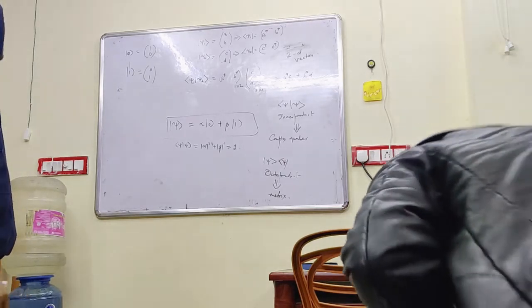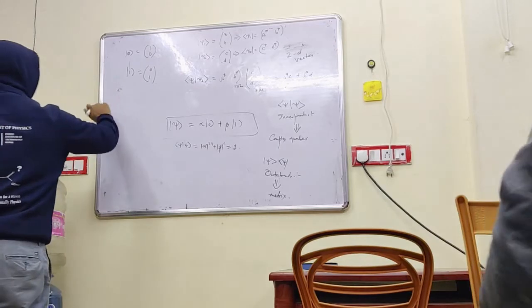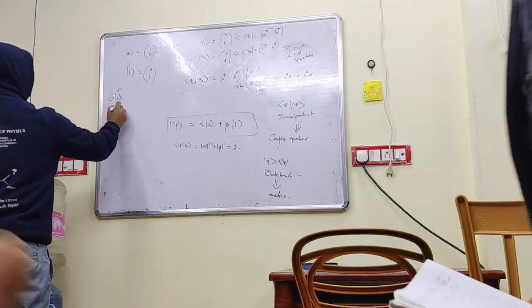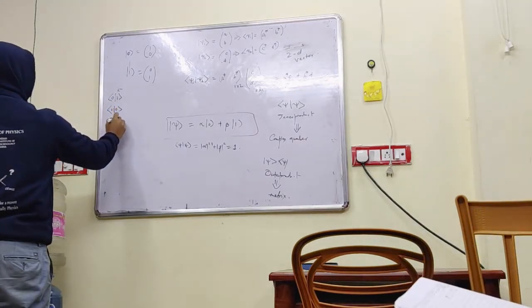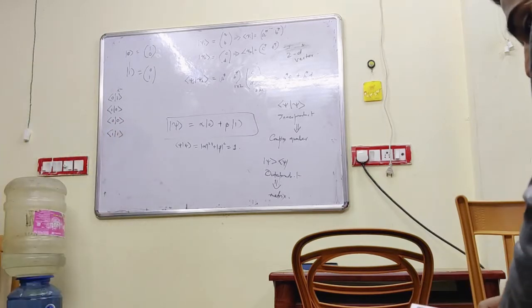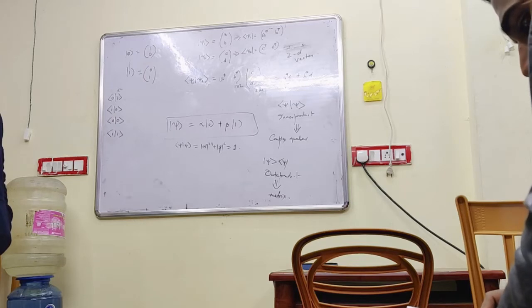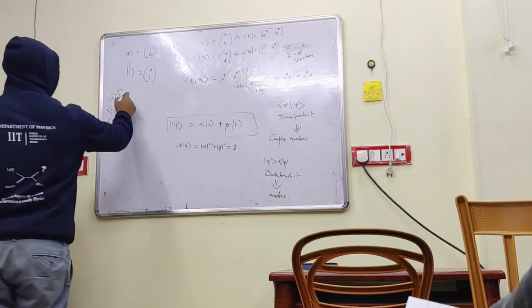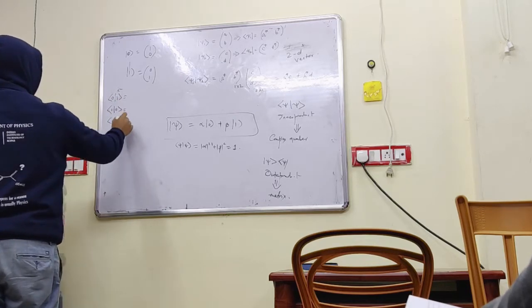Now, see. Let's calculate <0|0>, <0|1>, <1|0>, <1|1>. We have to compute these 4. Can you tell me the result without computing, just by seeing the board?